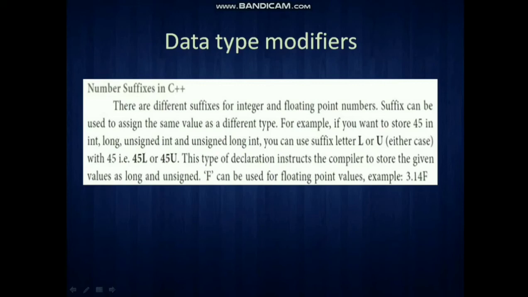The next one is 45U. U means the unsigned data type is used here. So 45L means the long data type, and 45U means the unsigned data type. These are the suffix letters, L or U. F: 3.14F is the floating point data type, a floating point value.